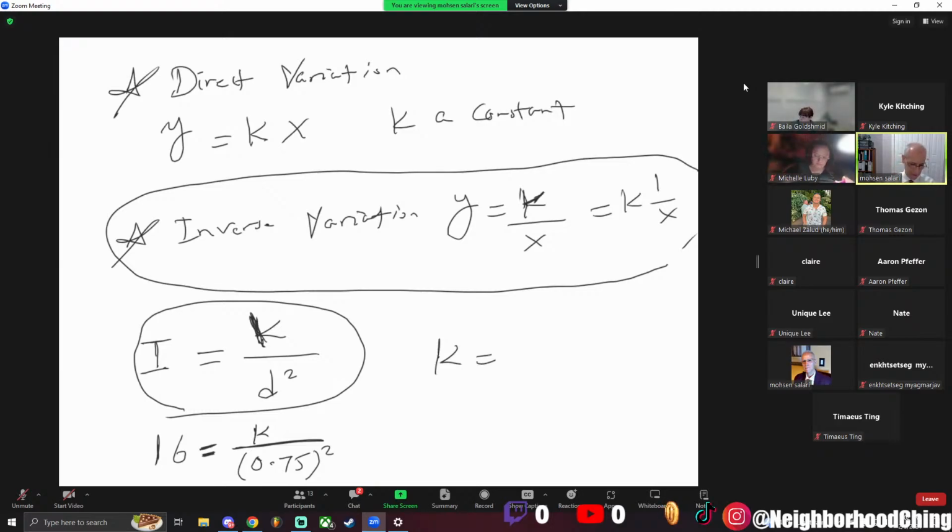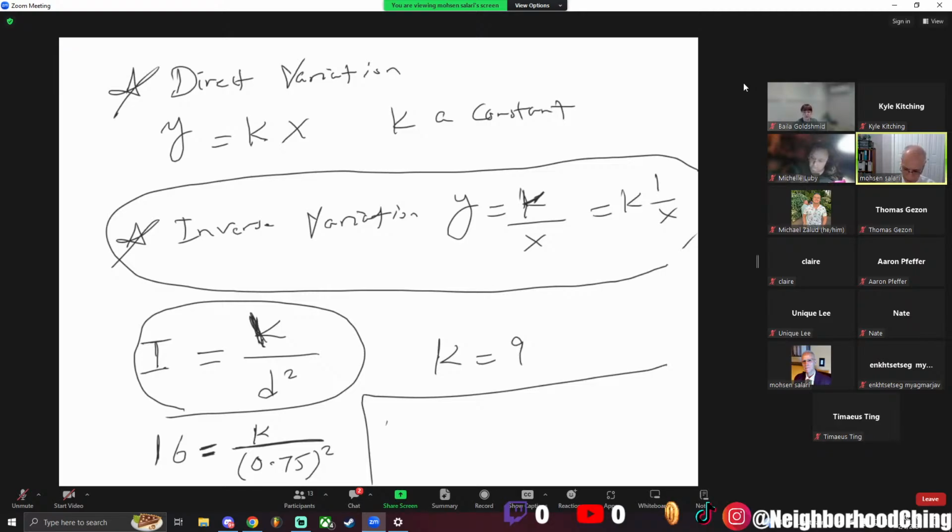Okay, so k equals, let's say 0.75 squared is 0.5625. And so if I go times 16, 9. So k equals 9. So let me go now to the next page. Or I could finish it here.